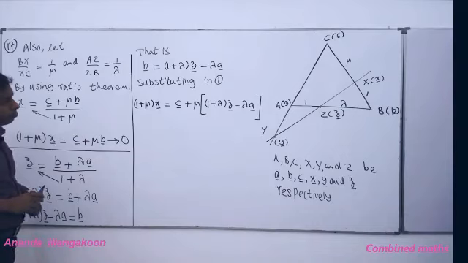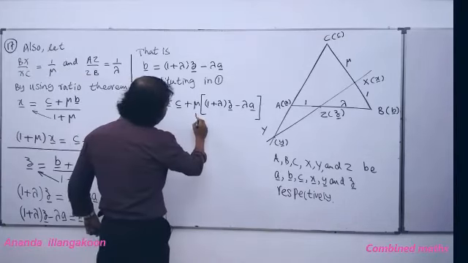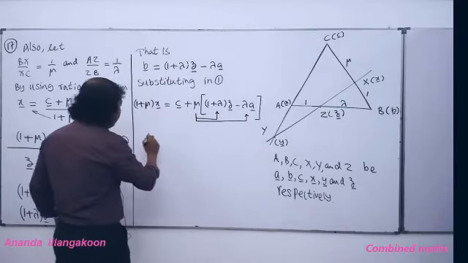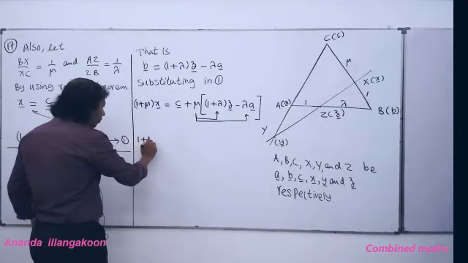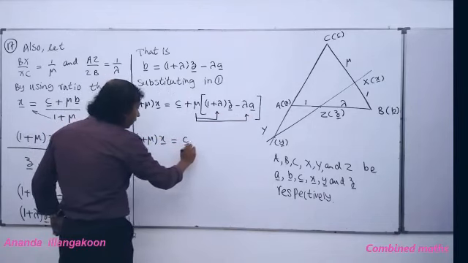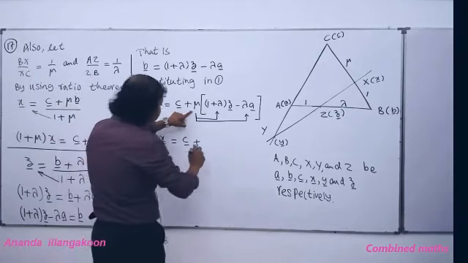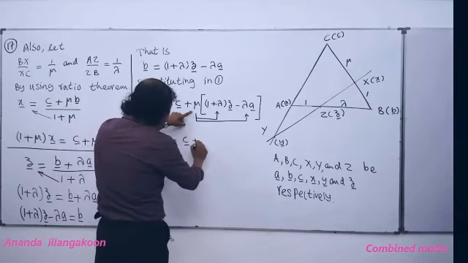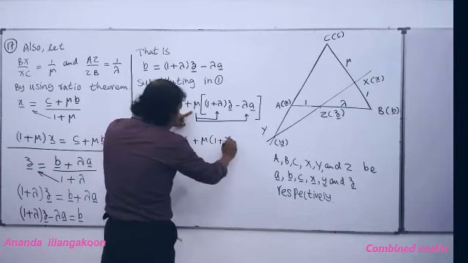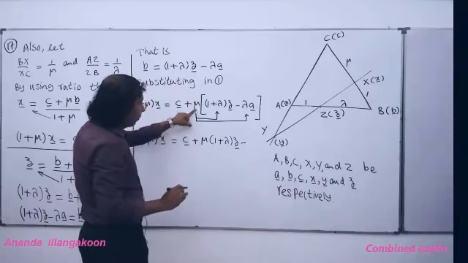Now, what I do is this, people. I remove the bracket by multiplying this mu. What we get? 1 plus mu times simple x vector equals c vector plus mu times 1 plus lambda z vector minus mu lambda A.